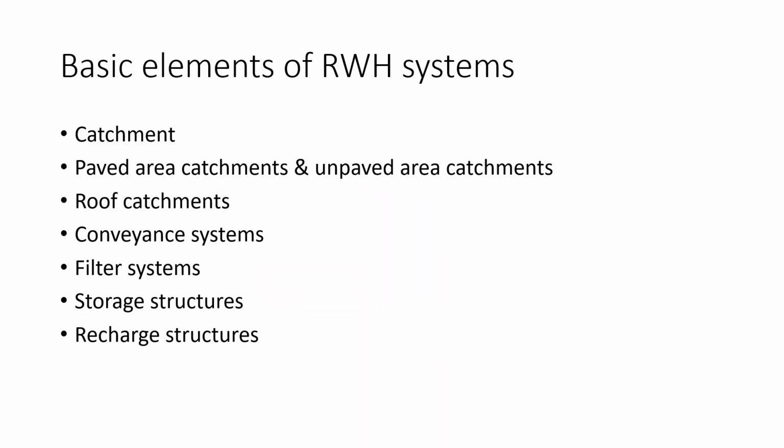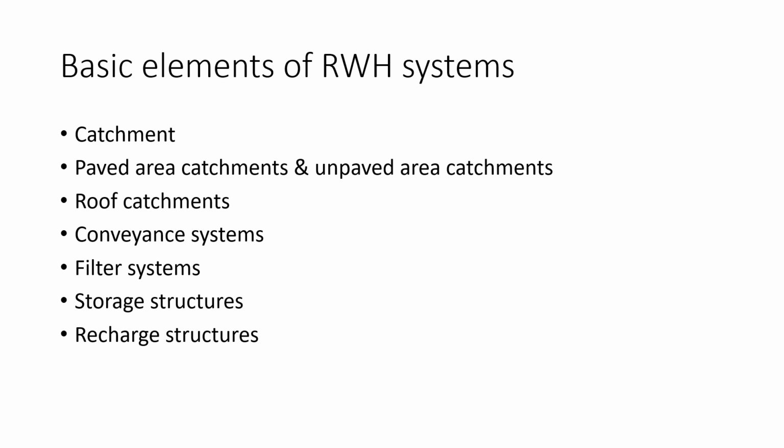Now coming to the first element, that is the catchment. The catchment is a structure or land area that is used to collect the rainwater and drain runoff. This catchment could be either paved or unpaved. What are paved area catchments?